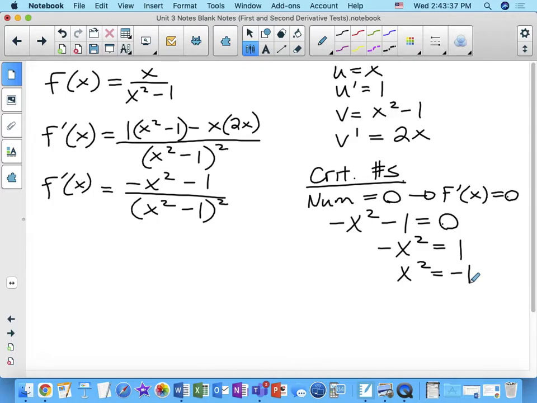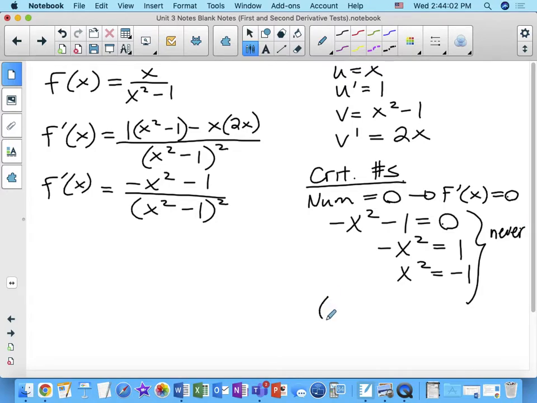Right, this never happens. So we don't get any critical numbers from the numerator because the numerator is never 0. Okay, so this derivative will never be 0. But we do get critical numbers from the denominator because this could be 0.